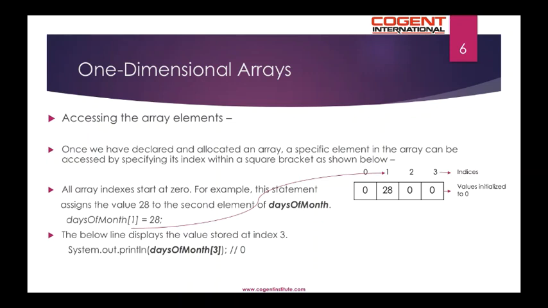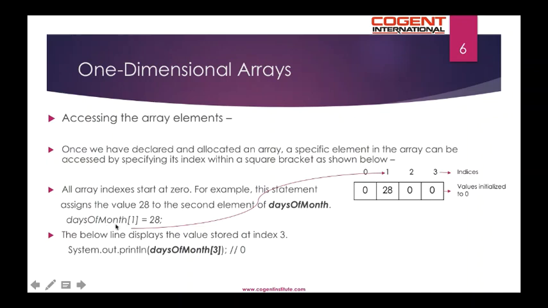So how do we access the elements in the array? Once we have declared and allocated an array, a specific element in the array can be accessed by specifying its index within a square bracket as shown below. All array indexes start at 0 as we had seen previously. For example, this statement assigns the value of 28 to the second element of days of month array.